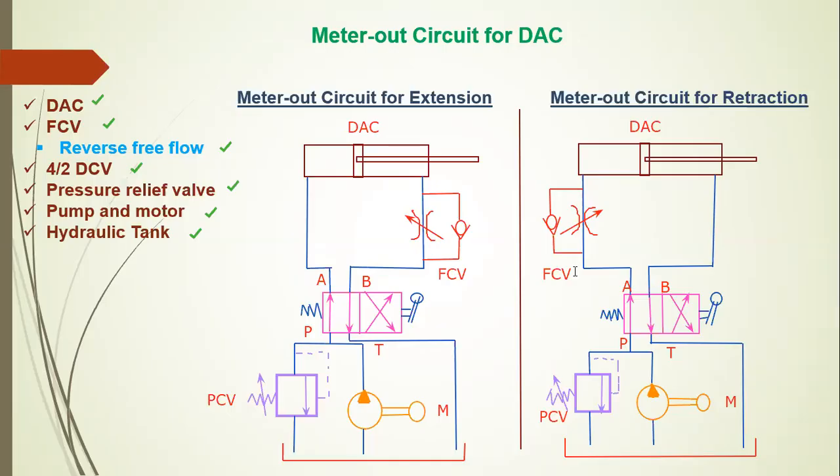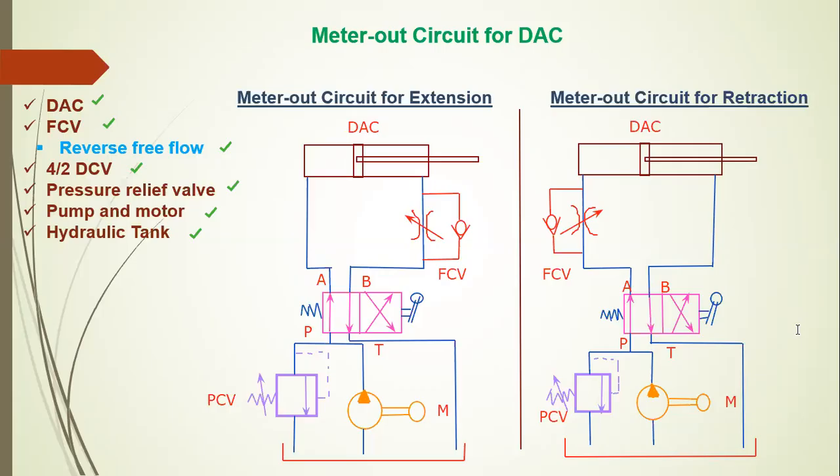When the actuator maintains high pressure oil at the cylinder outlet, if we stop the oil flow with this FCV, it can maintain the higher pressure oil. That position is the higher pressure side, and we can maintain it to hold the load. This is the meter out circuit for the extension and retraction circuit.